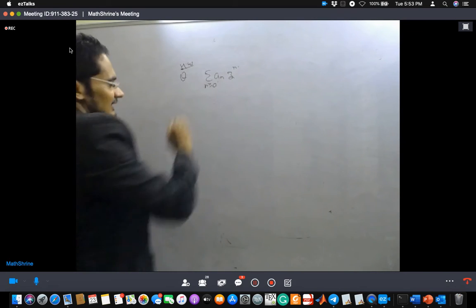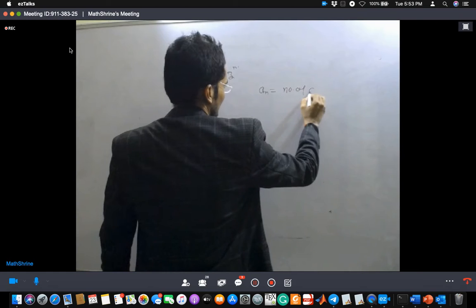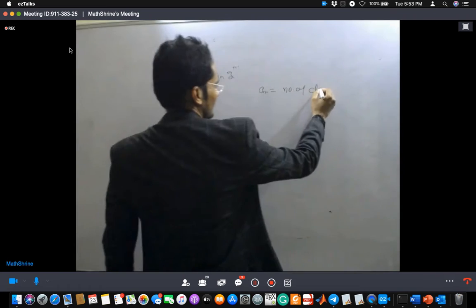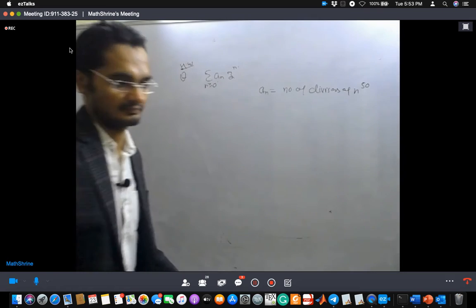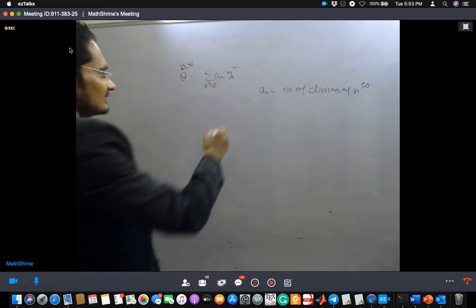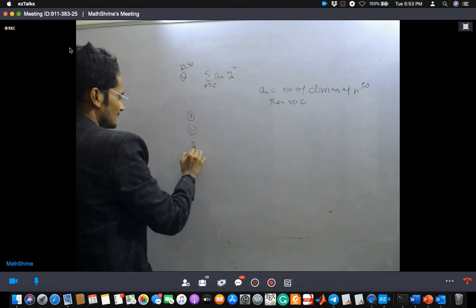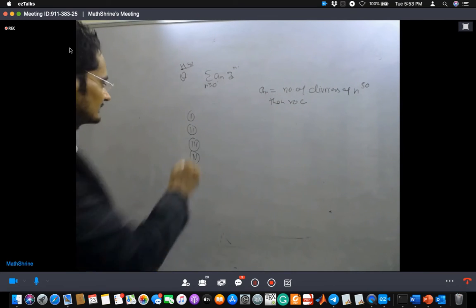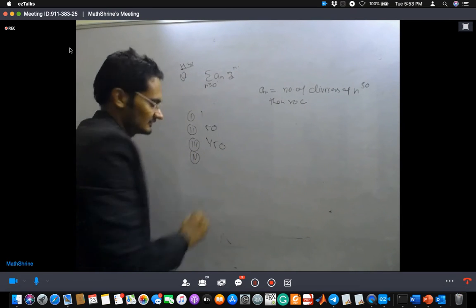It is given where a_n is the number of divisors of n^50. Then the radius of convergence is: the first, 1; second, 50; third, 1 over 50; and the fourth, 0.